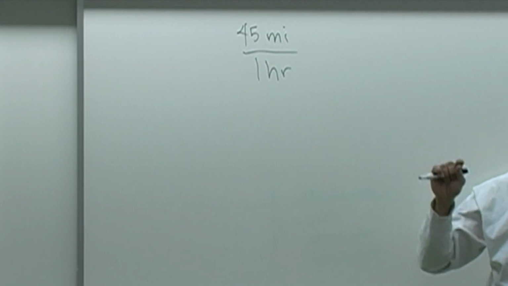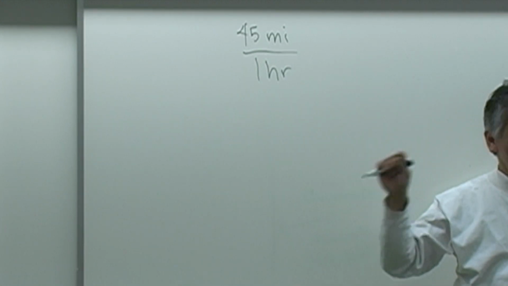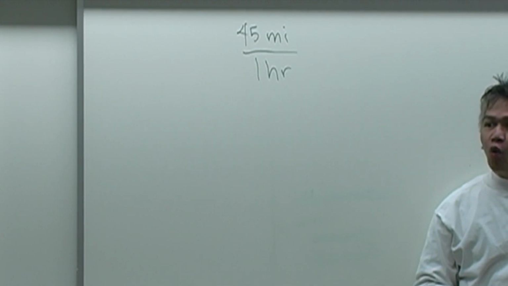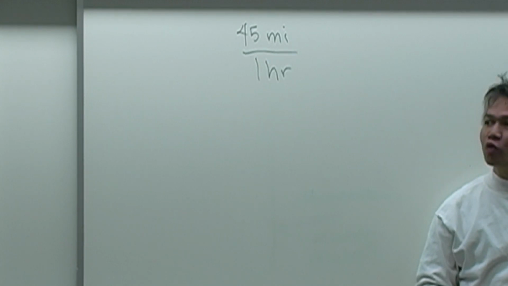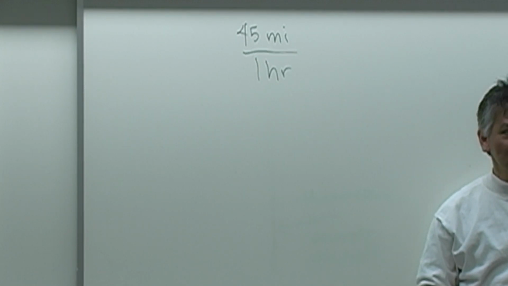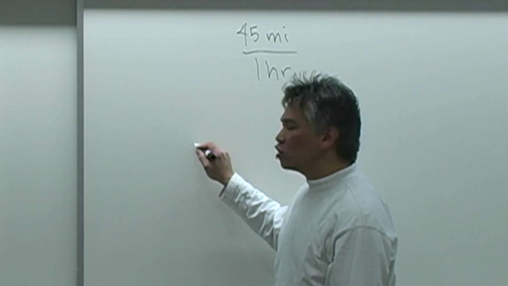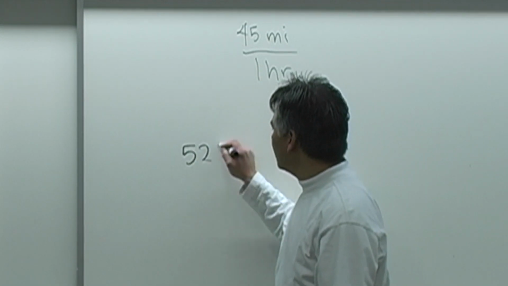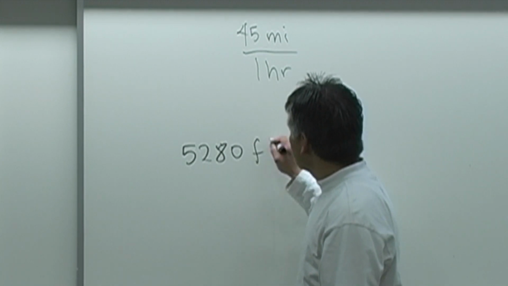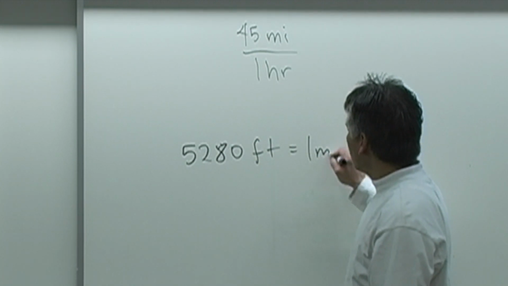I'm just converting the miles unit to feet unit. Then what conversion factor will I need to do that operation? Feet and miles, exactly. It just so happens that there are 5280 feet in 1 mile.